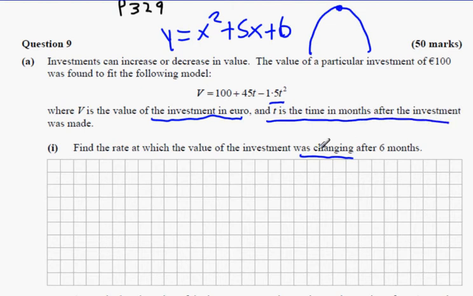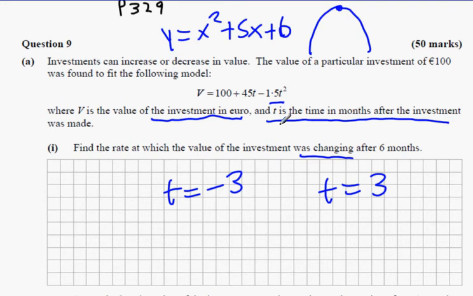Now, there's one thing about what would be the starting off value for t. Could t be a negative number, for instance? Could I find out the value of the investment when t equals minus 3? Is that possible? What does t represent? Time. So t equals 3 would represent what? 3 months.